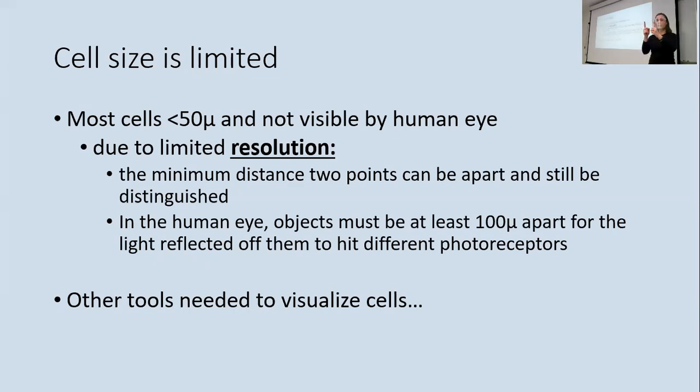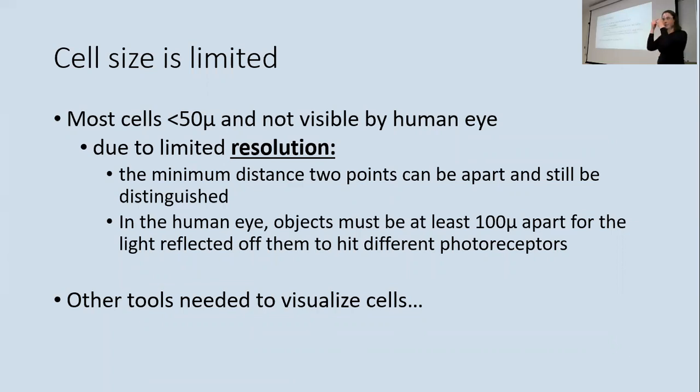But resolution is the minimum distance that two things can be apart and your eyes still know that they're two things. The limitation comes from the size of the photoreceptors in your eye. You see stuff because light is bouncing off of it, hitting your photoreceptors and telling your eye there's a thing there. For your brain to know that there are two things, the light that hits them has to hit two photoreceptors.